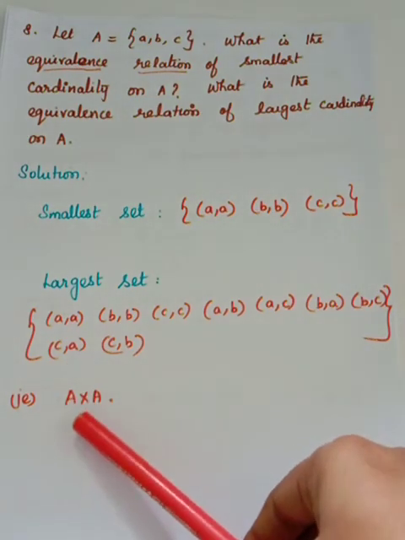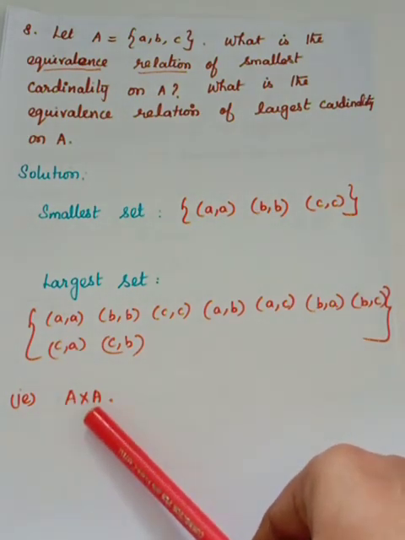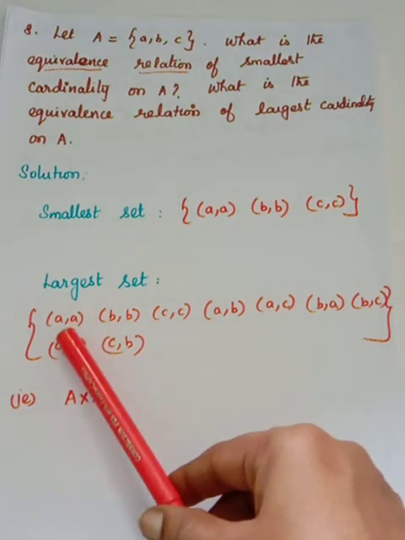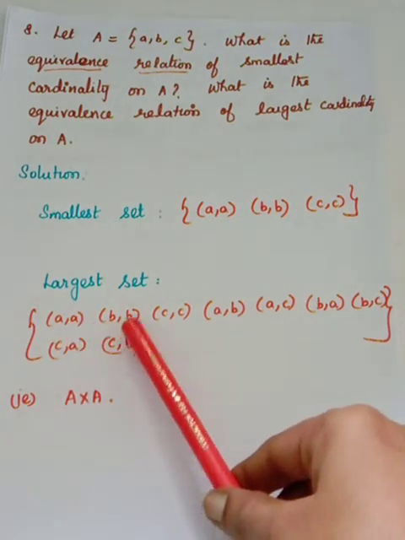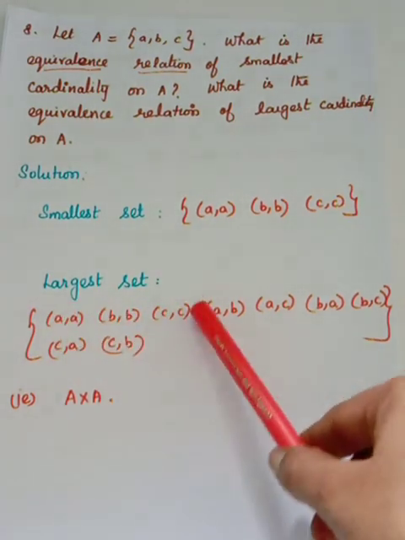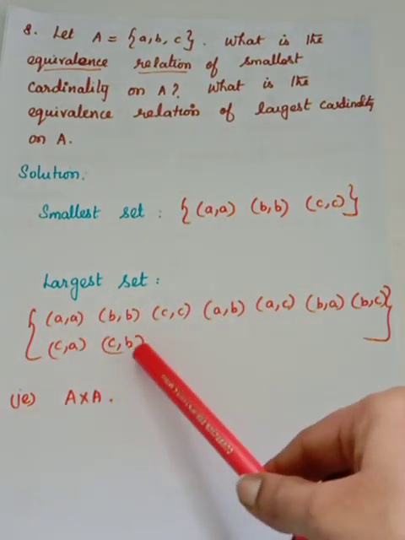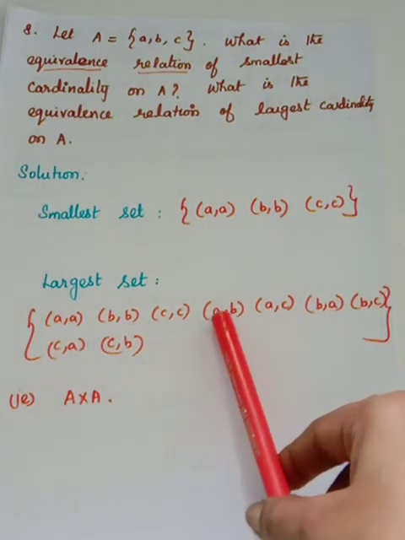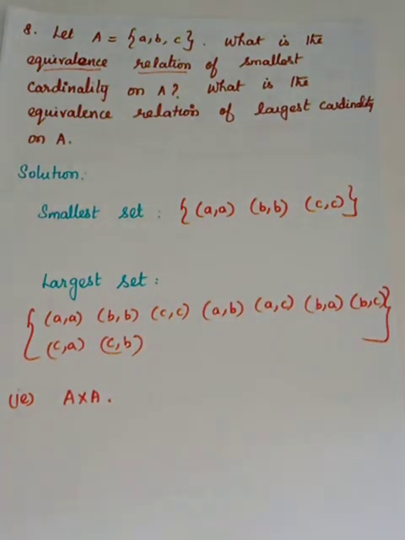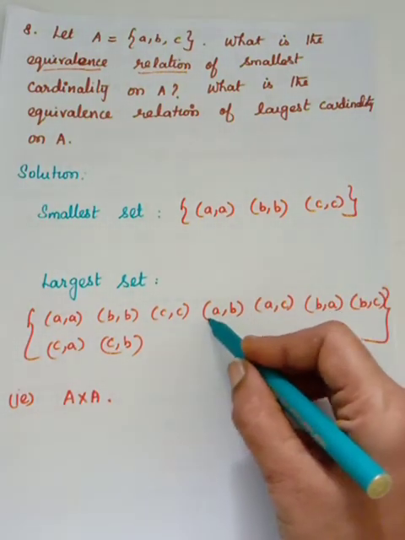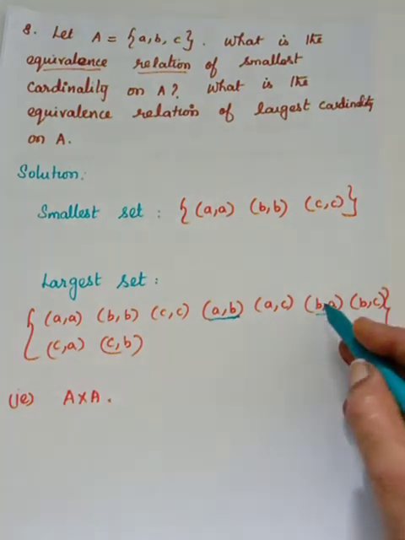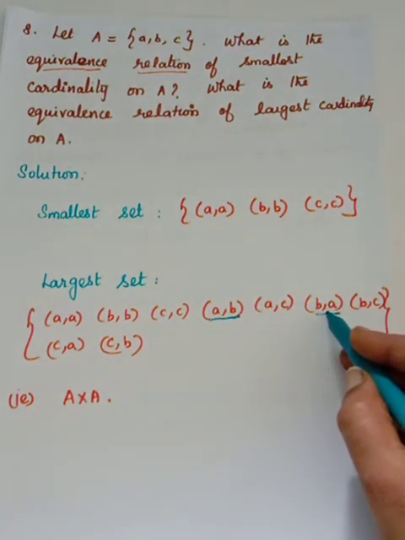So an equivalence relation should be reflexive, symmetric and transitive. Reflexive means, what are the ordered pairs? A comma A, B comma B, C comma C. These three ordered pairs are in that set, so it is reflexive. Symmetric means, if A is related to B, then B is related to A. So these two ordered pairs are in that relation, so we can say it is symmetric.